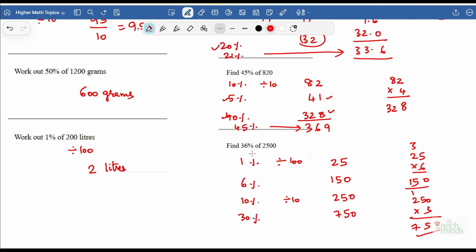Now to get 36%, I have to add 30% and 6% together. So I need to add these two quantities. So 150 plus 750: 5 plus 5 is 10, so this will be 7, 8, 9, 900. So 36% of 2500 is 900.